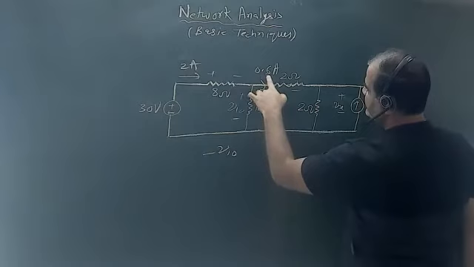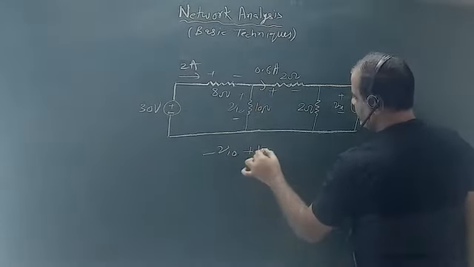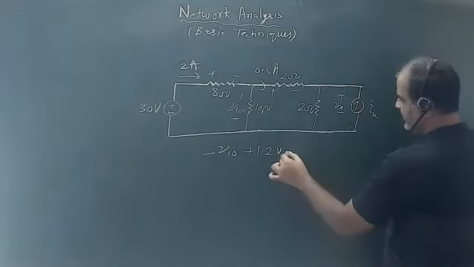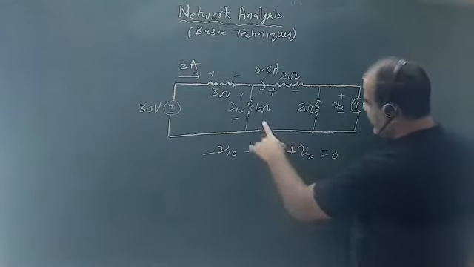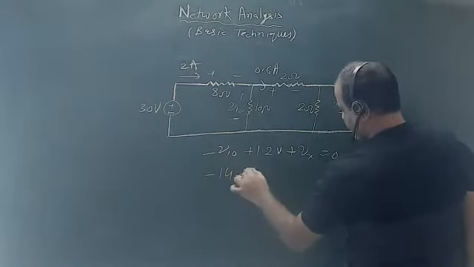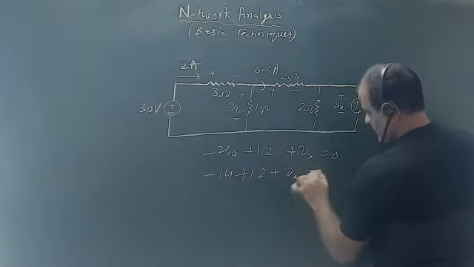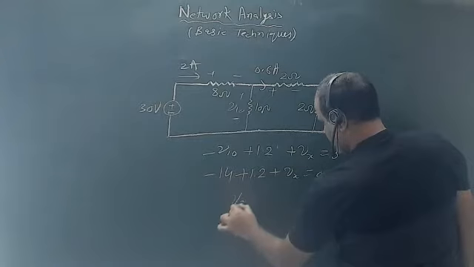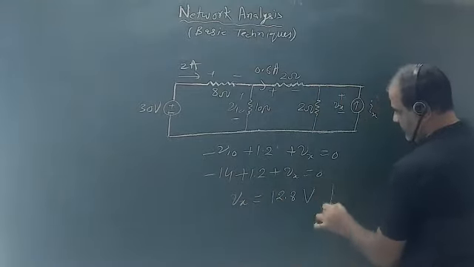This will give me 0.6 into 2, which is 1.2 volts, plus 1.2 volts and plus Vx equals to 0. Now V10 is already 14. This is 14, this is 1.2 plus Vx. So your Vx will be now 12.8 volts. Okay, so this is the answer.